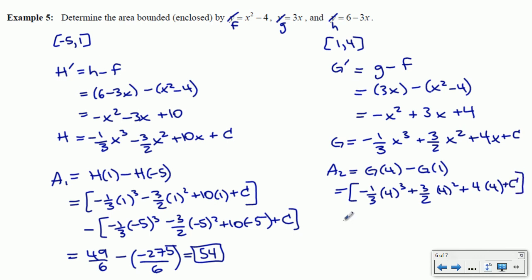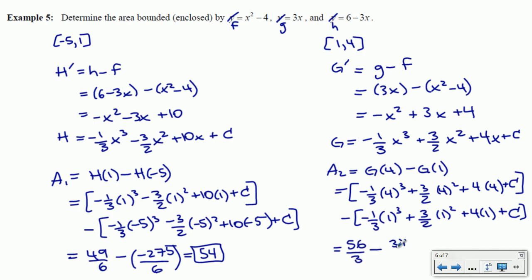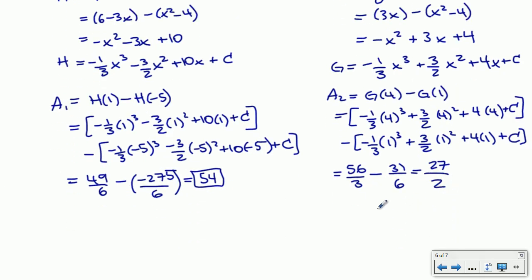And then we subtract -1/3(1)³ + 3/2(1)² + 4(1) + c. So this would eventually give us 56/3 minus 31/6, which simplifies to 27/2.